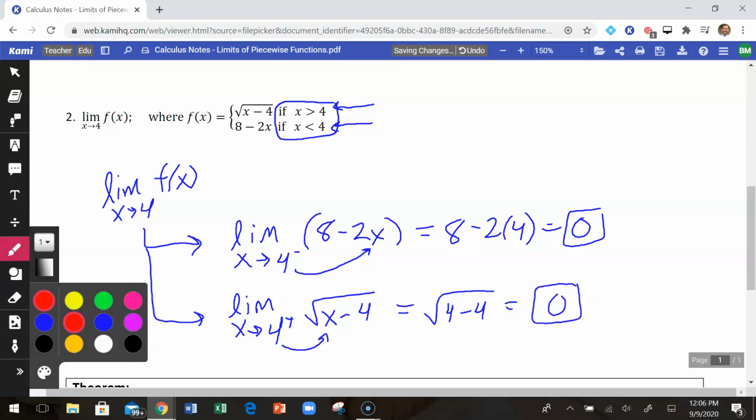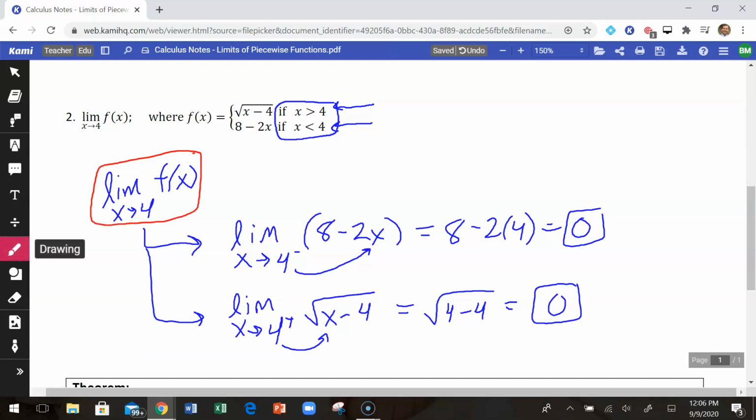Now, in order for this limit to exist, my left and right hand limits have to give me the same value. And they do. Therefore, the answer to this limit is 0. If your left and right hand limits do not give you the same value, then this limit does not exist. Okay, so we have to get the same thing from both of these.